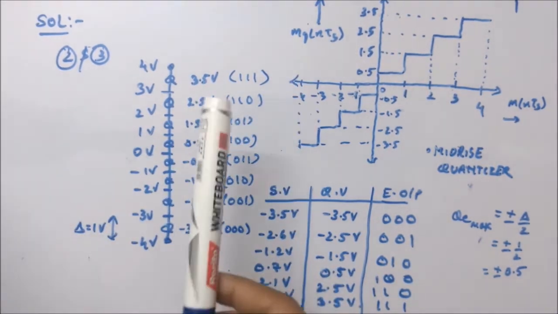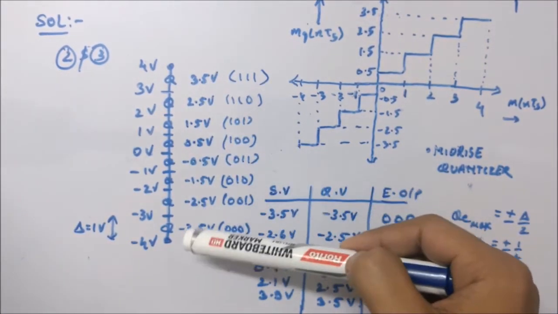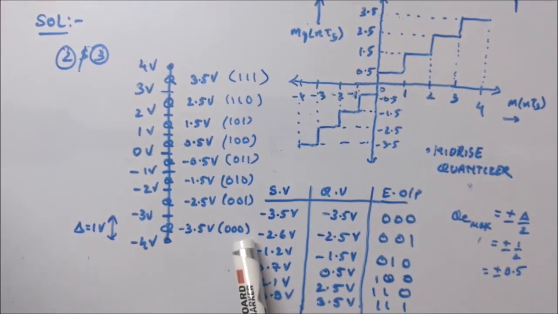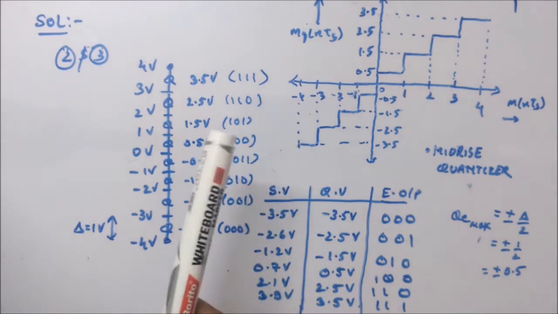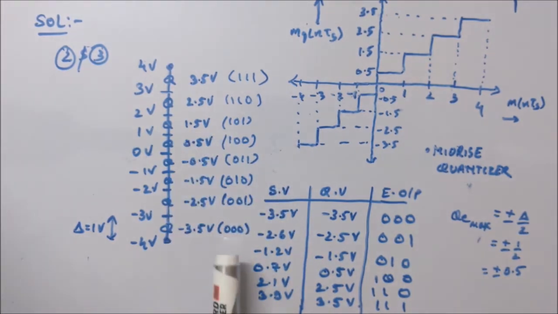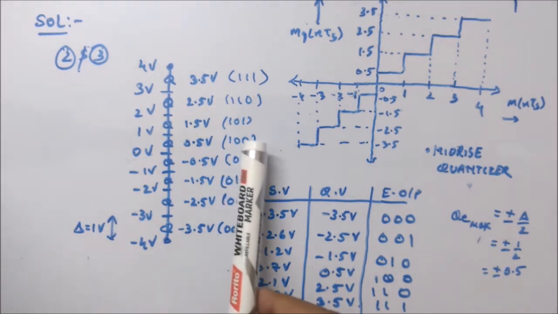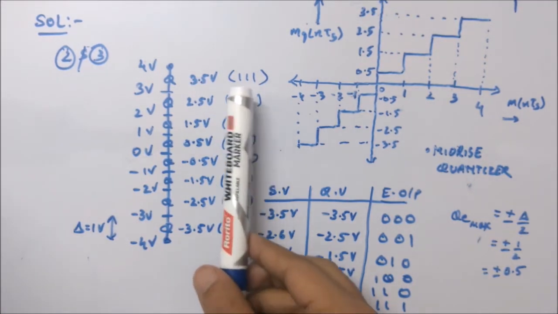And now how are we going to encode these quantized levels? From 000 to 111. If you remember, 3 was the number of bits per sample, that is why we have 3 bits, and we are representing each level as 000, 001, 010, 011, 100, 101, 110, 111.